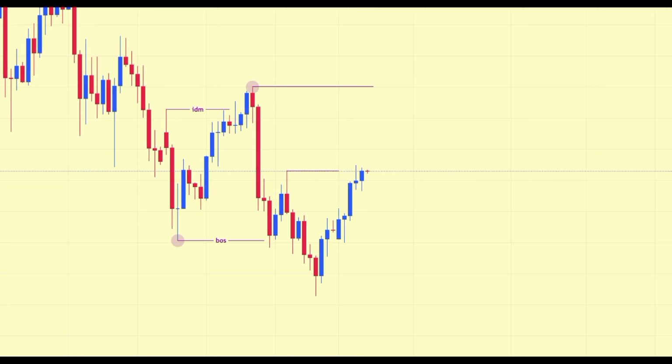And right here, we can clearly see a sweep past the recently formed valid pullback. So right now it's the right moment to mark the order flows. Like I said in the previous part, order flow is primary and order block is secondary. Meaning not until all order flows are mitigated or invalid, we cannot use the order blocks.